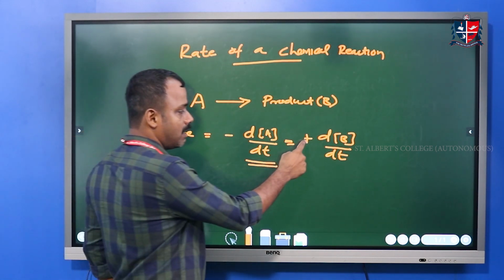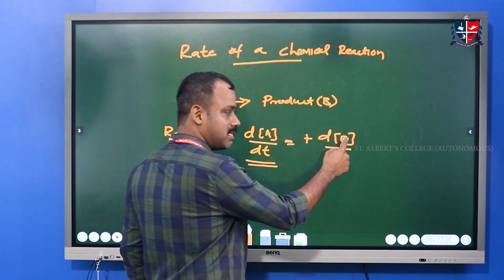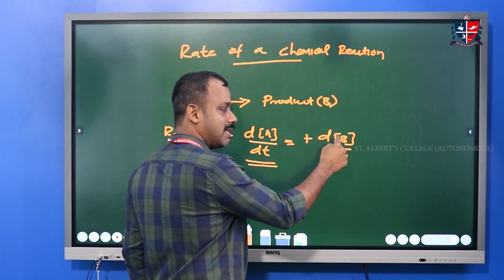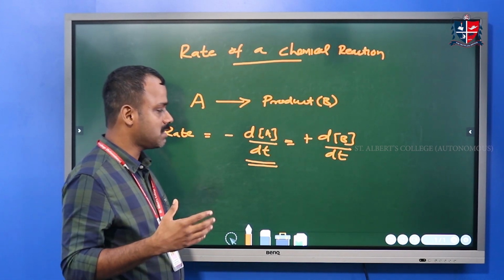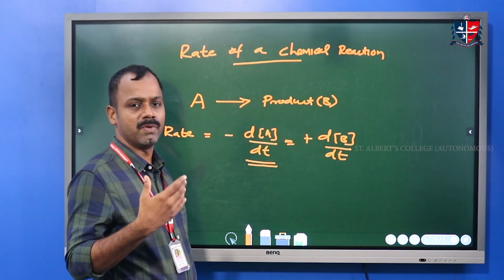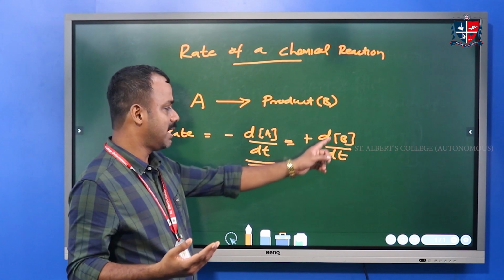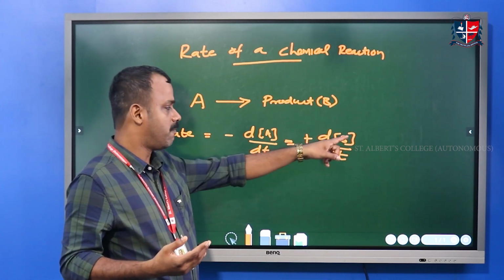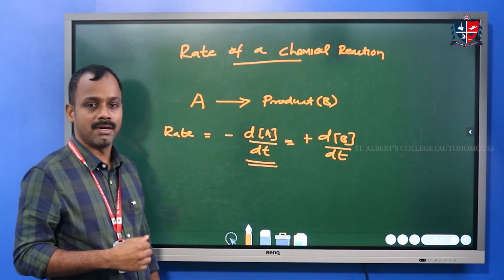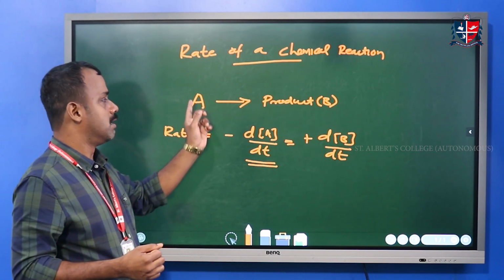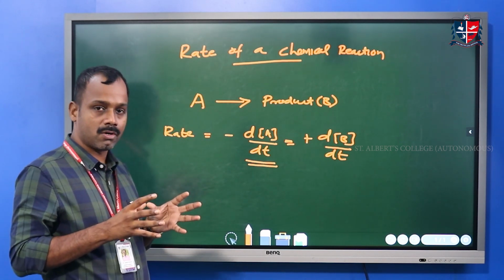Now here plus d[B]/dt. What is this one? Square bracket B is the concentration of product. So the concentration of product increases with respect to time. The change in concentration of product with respect to time is called the rate of a chemical reaction. In chemical kinetics, this is a very important topic, rate.